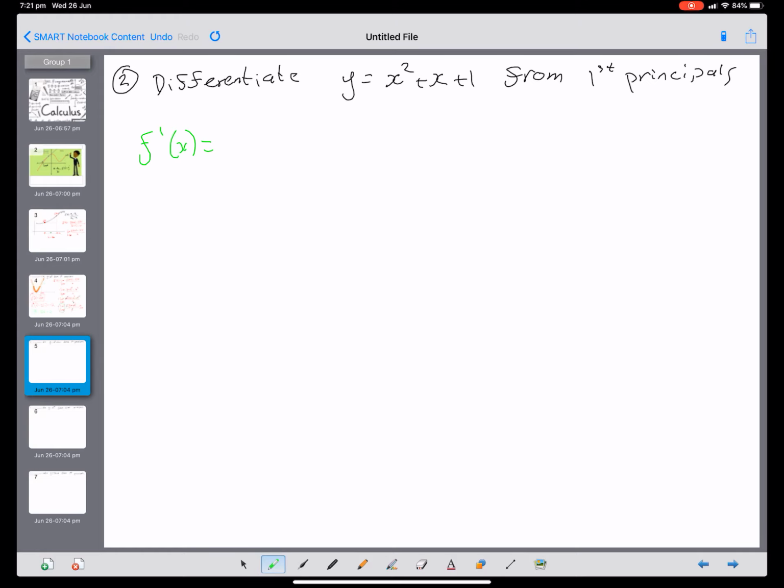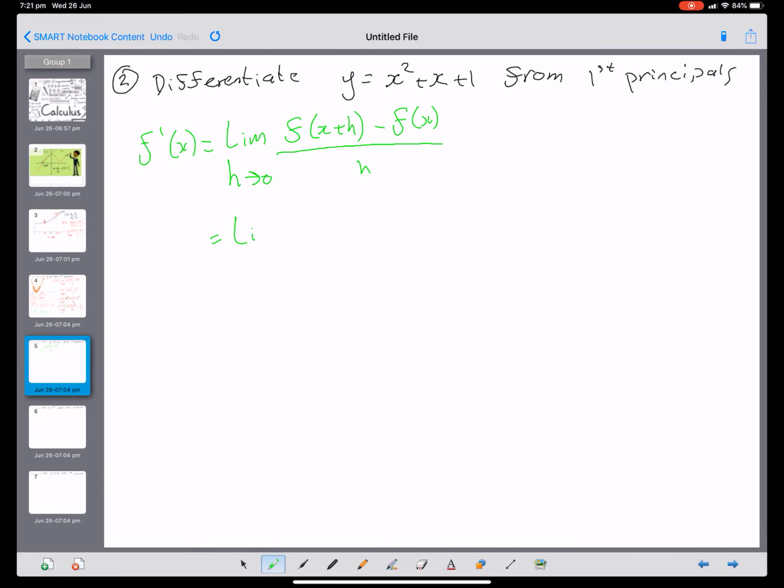A function and a graph are two different things, and I'll do a separate video to explain the definition of a function, but the function formula still works here. So we've got the limit as h goes to 0 of f of x plus h minus f of x all over h.